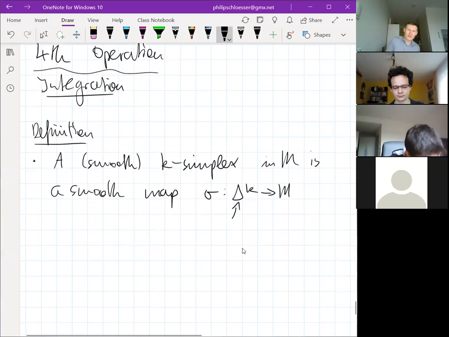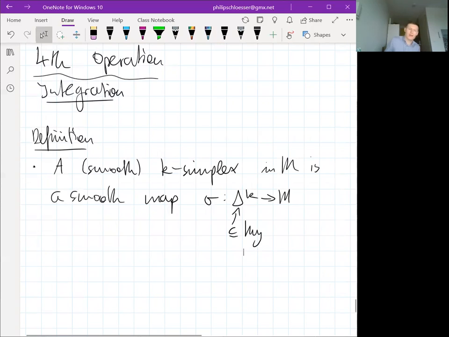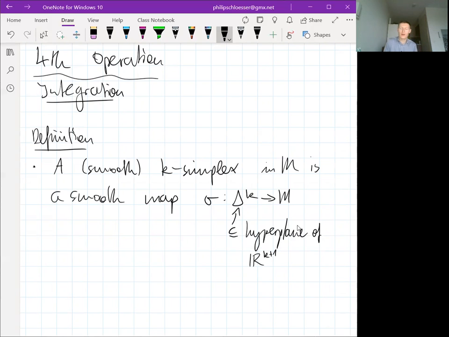Well, first notice that it is contained in some hyperplane of R^(k+1). So we can linearly map it to a closed subset of R^k.